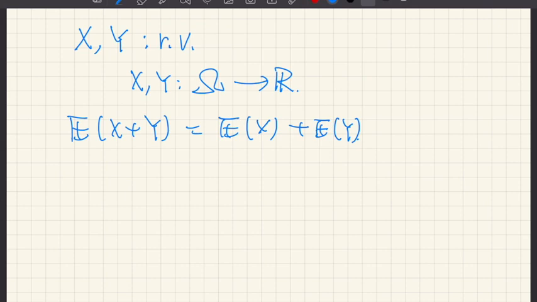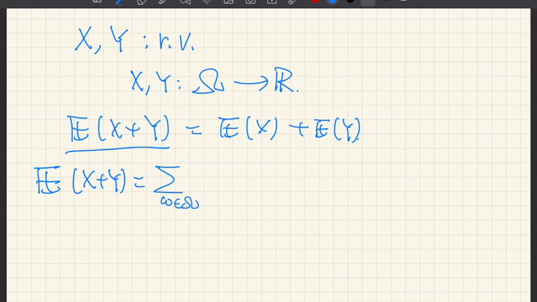But what does this really mean? According to the second definition of expectation value, let's try the discrete case for this one. X is a function of omega and Y is a function of omega, and we have this probability.